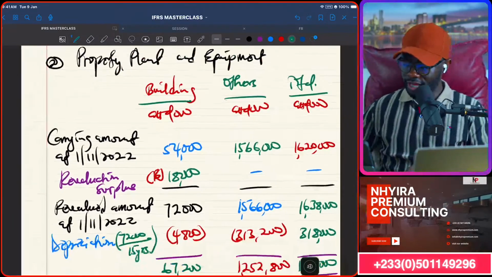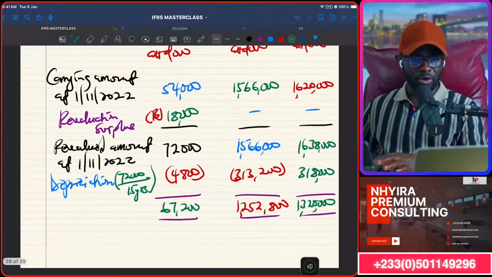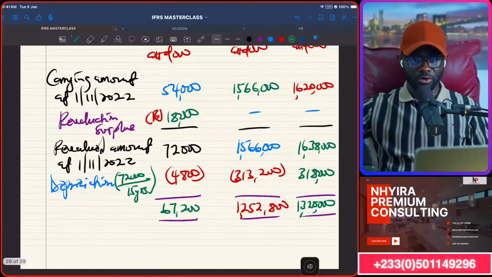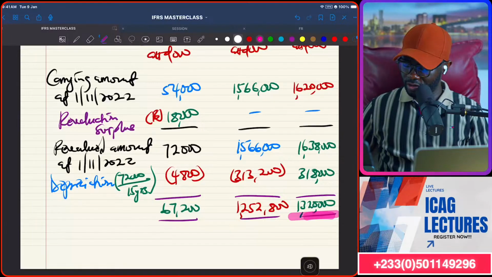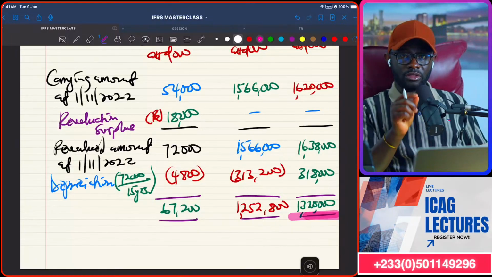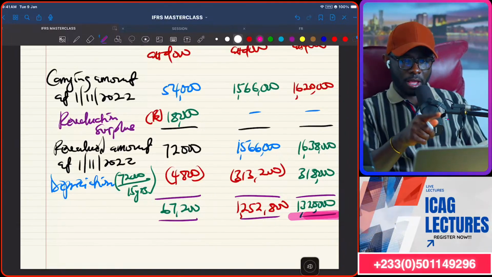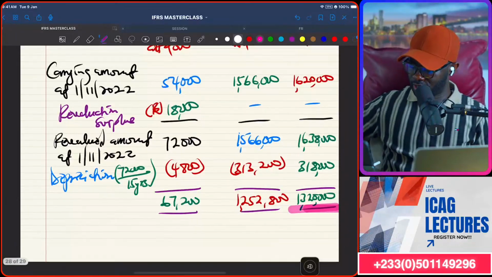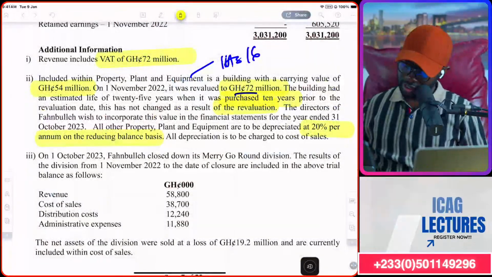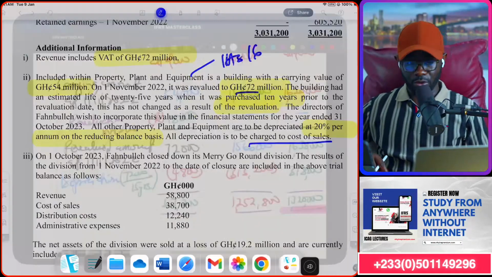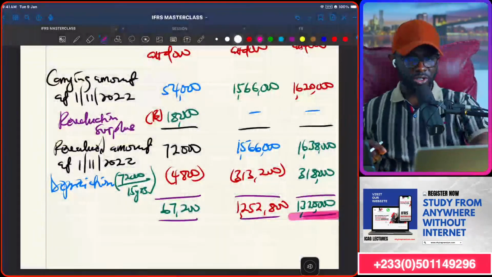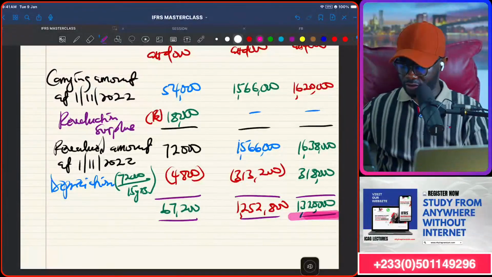And so they said all depreciation. So when we go to the statement of financial position, which we're going to be preparing, then the property, plant, and equipment will now be 1,320,000. But they said all depreciation is to be charged to cost of sales. So we go there for all depreciation to be charged to cost of sales.